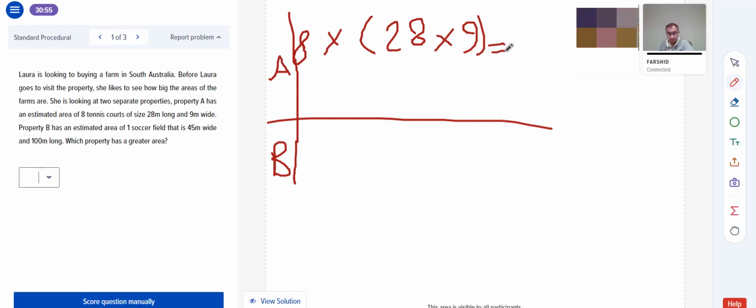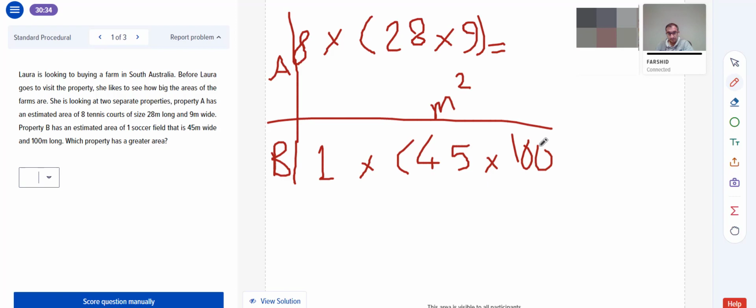I leave it to you. You can use your calculator to find it in square meters. No, I'll try and use my brain. Okay. So property B is a field that is 45 wide and 100 long. That would be 4500 square meters.